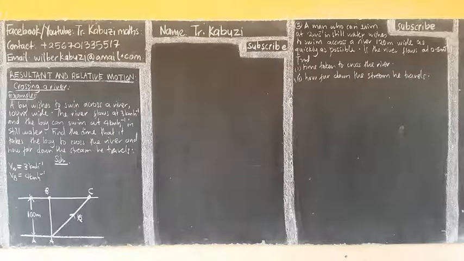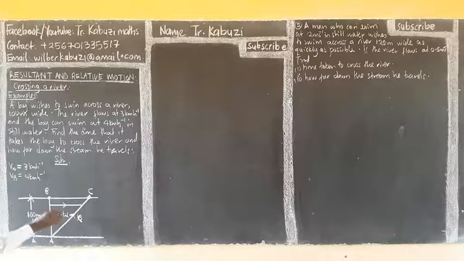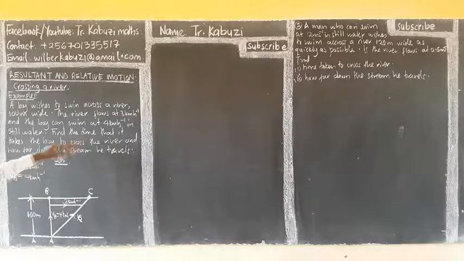They are telling us that this boy's velocity VB is 4 kilometers per hour, and the river is flowing at a velocity of 3 kilometers per hour. Find the time that it takes the boy to cross the river.